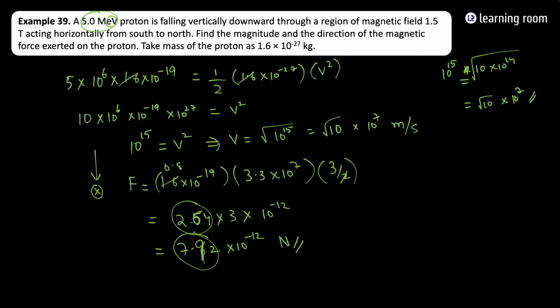And the next point that we need to calculate is the direction. So for direction, what are we supposed to do? Use Fleming's left-hand rule. So field into the plane, current downwards. So this will be the force. So this is the direction of force.